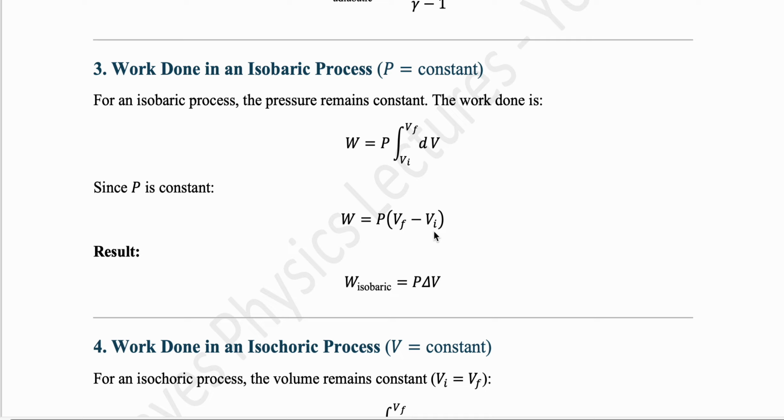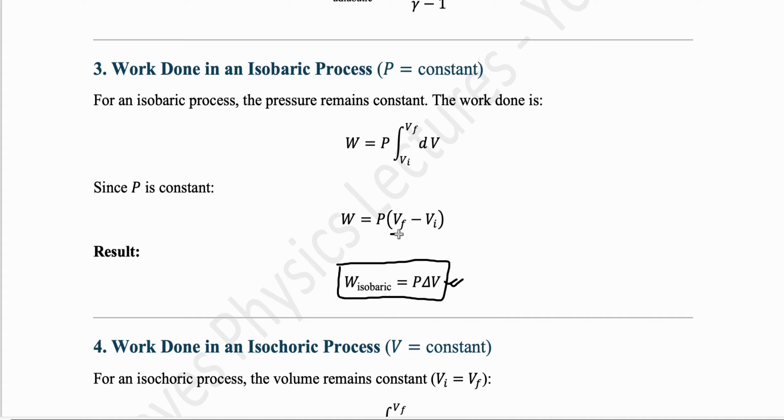Now the interesting part is, it is just P dV, so it is the simplest one to remember. In fact, if you know what an isobaric process is, you can easily find out the work done in case of an isobaric process. You can do it without memorizing; just write it down in the relation and that's it. There is one more interesting thing here.